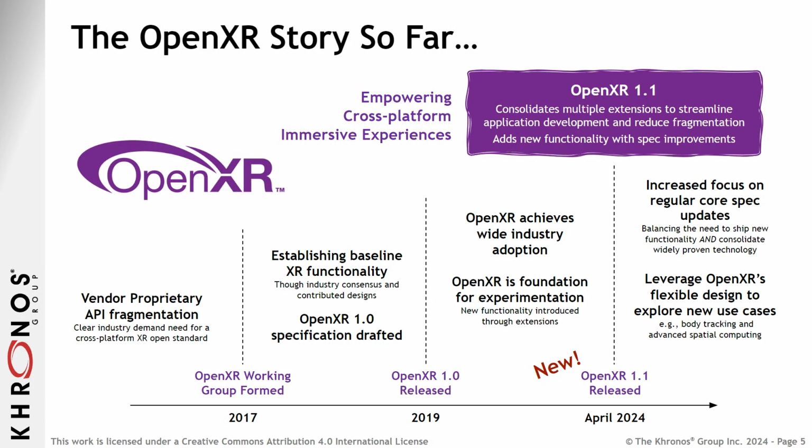So OpenXR 1.1 in April really marks the beginning of, I'd say, the next phase of OpenXR's evolution. The working group is now focused not only on developing new functionality, but consolidating that experimentation. All of those vendor extensions, the working group is going to pick the best or merge good aspects from the extensions that are being tried out there in the industry.